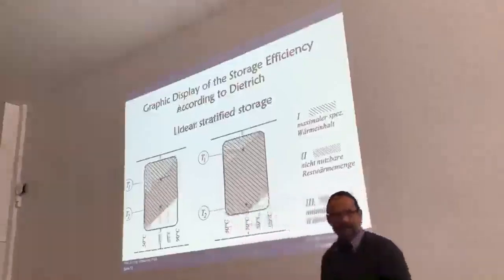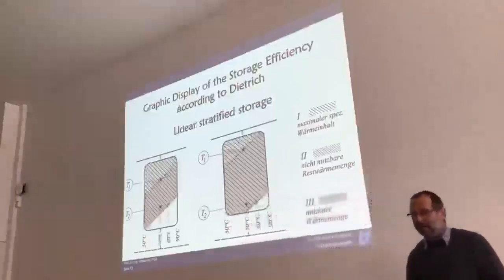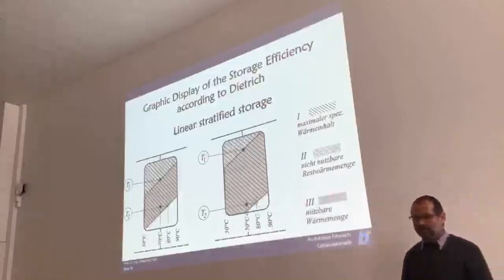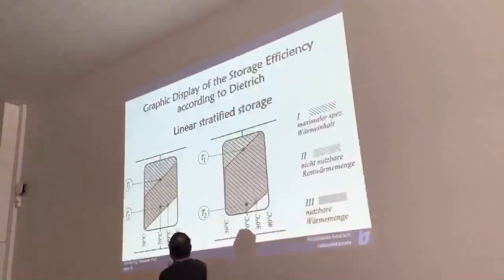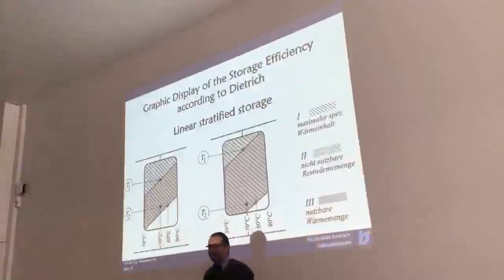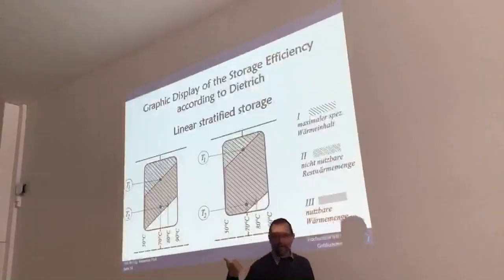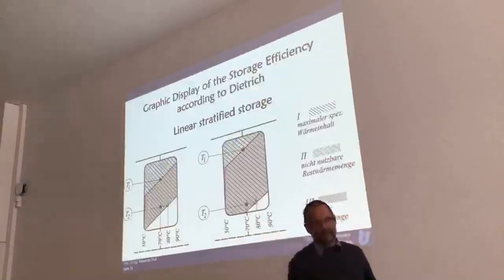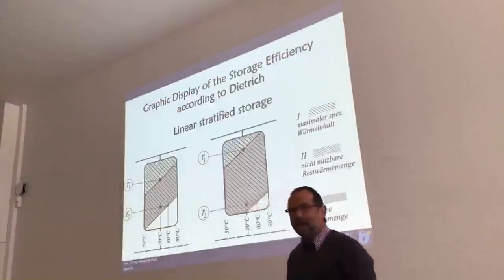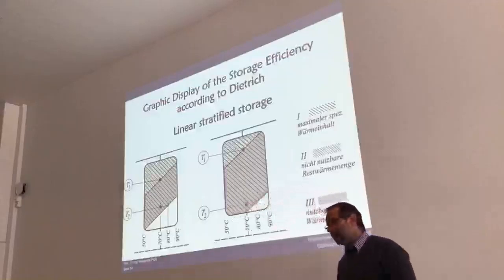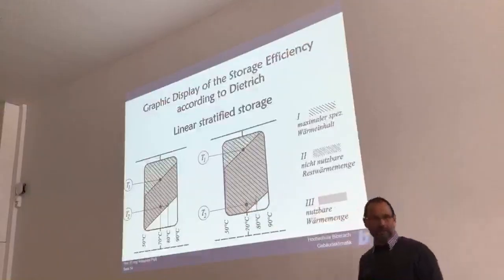The reality is better described by a linear stratified storage tank. In a linear stratified storage tank, we have these inclined lines going up and down. And the question now is how many sensors we need to control the system, and what should be the set points of the sensors.